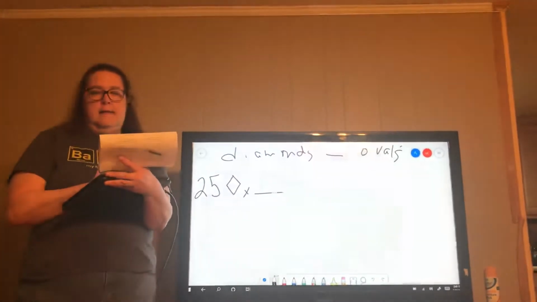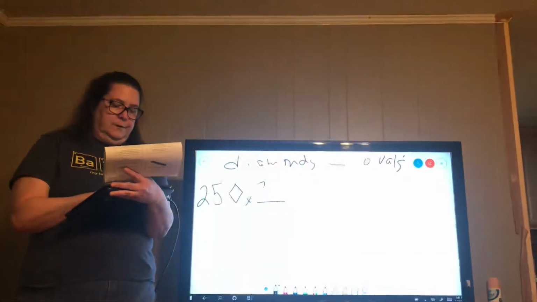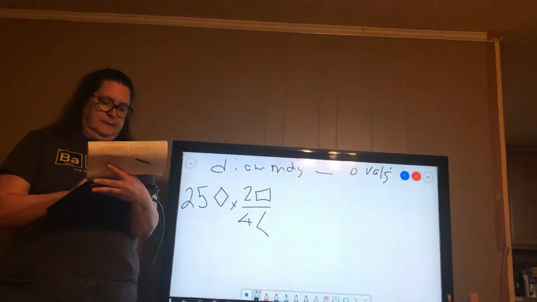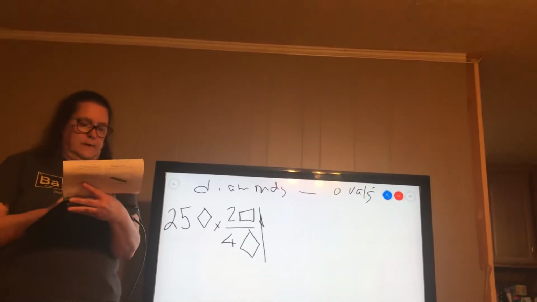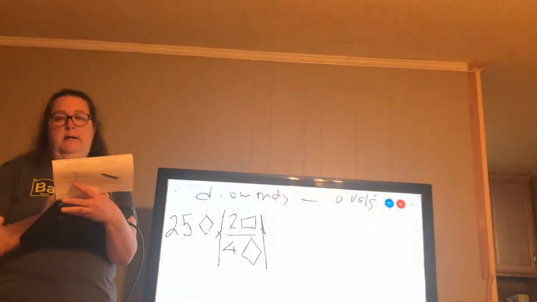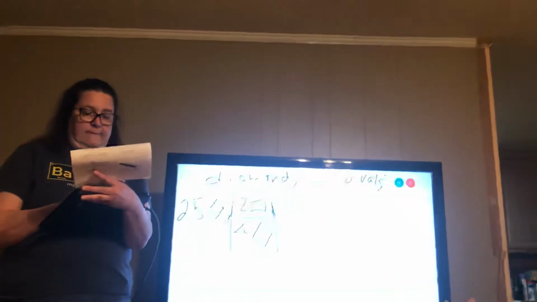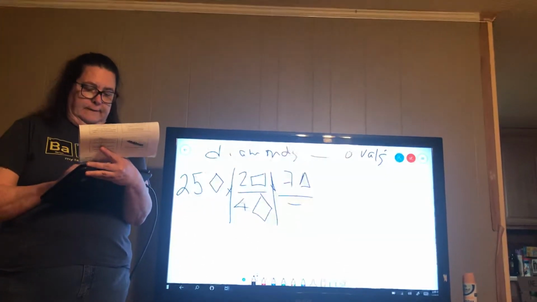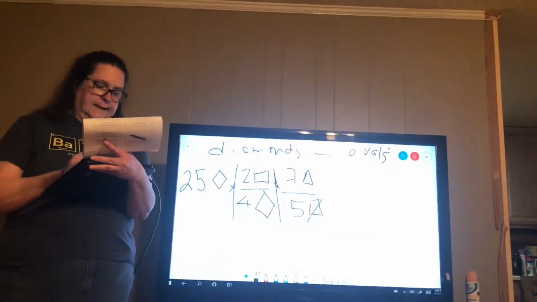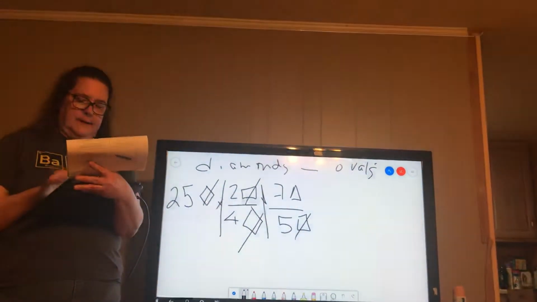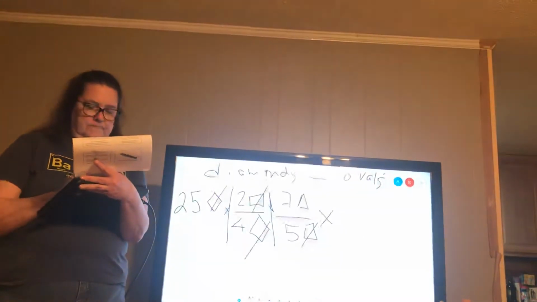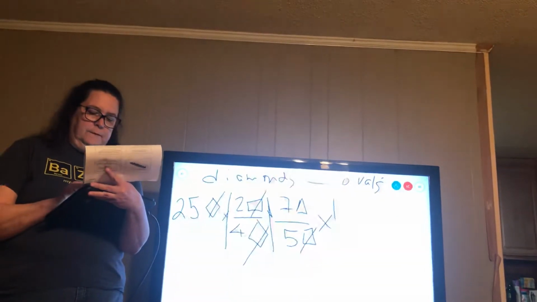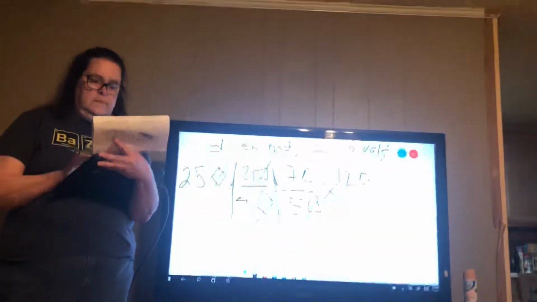And then I have 2 squares equals 4 diamonds. I know y'all are impressed with my drawing here. 7 triangles over 5 squares. So that cancels out the squares. The diamonds are canceled out. That's a 7. 12 circles.